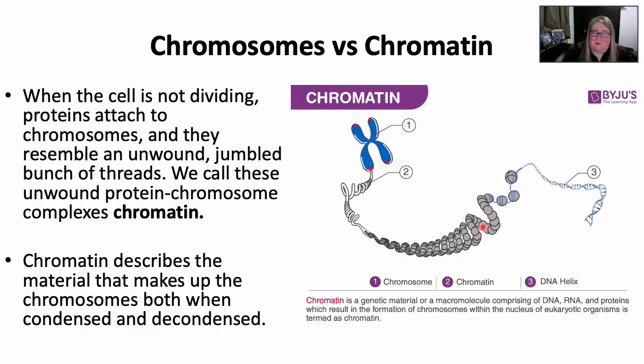This is also going to allow us to fit all of the DNA into the nucleus of the cell, even though the DNA is so long that it shouldn't fit. So we're going to have this loosely wound beads on a string. This is what's going to be found in the cell at all times.